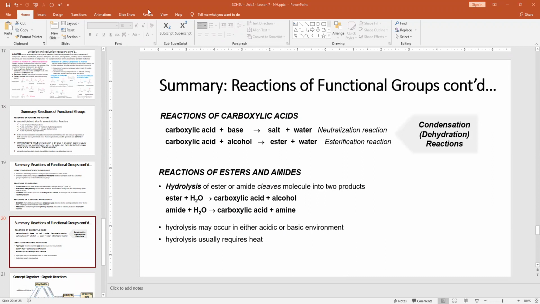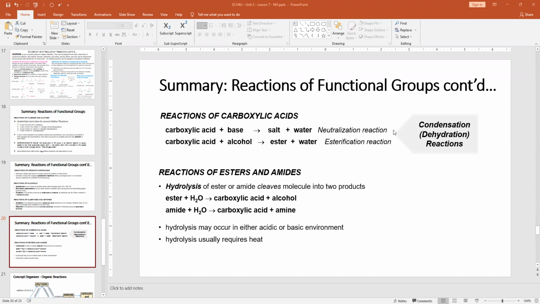Then there were reactions of carboxylic acids. These reactions of carboxylic acids are condensation reactions, they're dehydration reactions because water is produced. You can have a carboxylic acid and a base. The reaction of an acid and a base, which I think you probably learned in grade 11 chemistry, produces a salt and water.